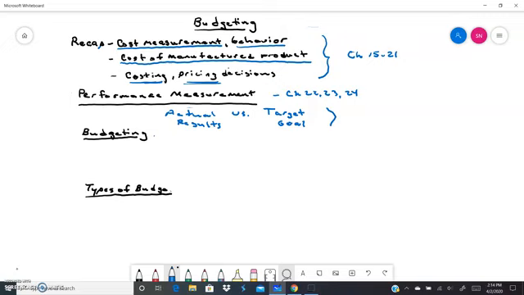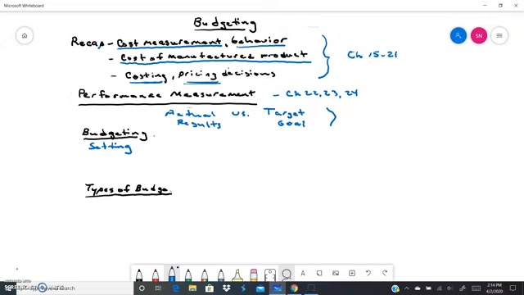So budgeting basically is the process of setting the goals. So that's the first step. Up above, in the first 6 or 7 chapters, we basically understood how actual costs come together.